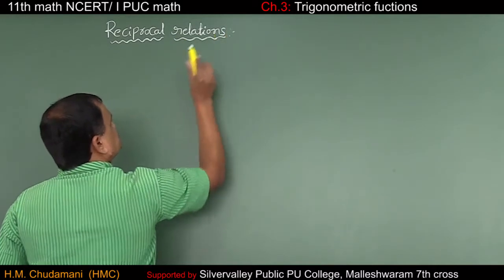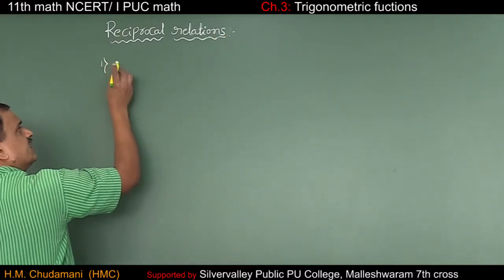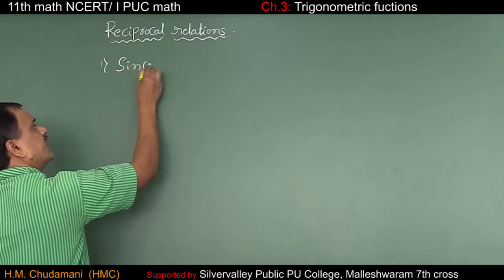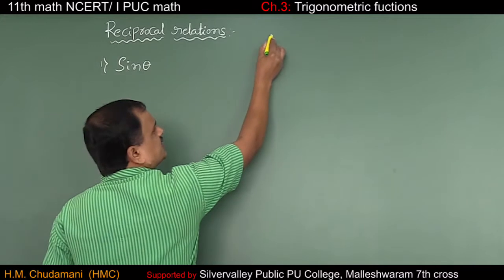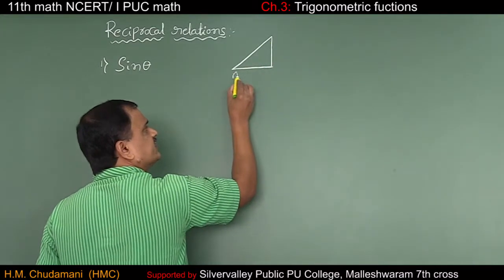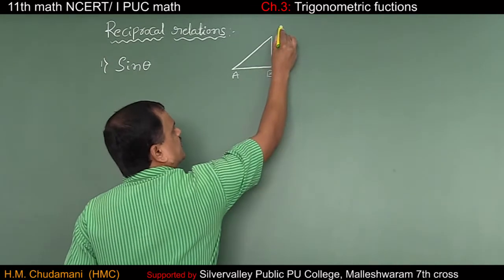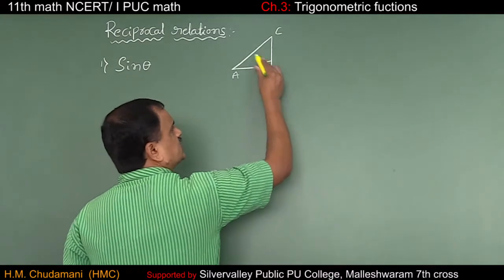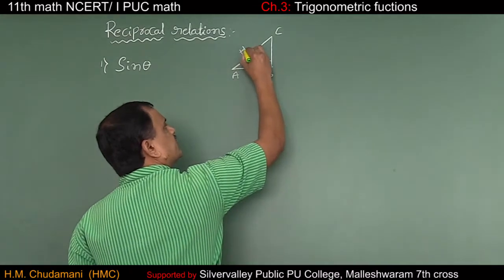Reciprocal relations. The first one, sine of the angle theta. Recollect the definition. This is the triangle ABC, a right angled triangle. The side opposite to 90 degrees is the hypotenuse side.